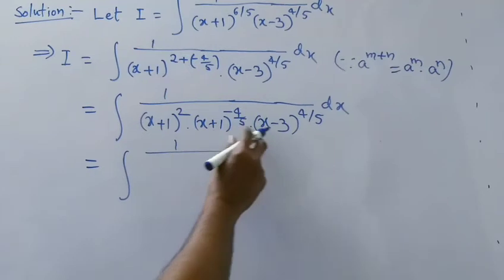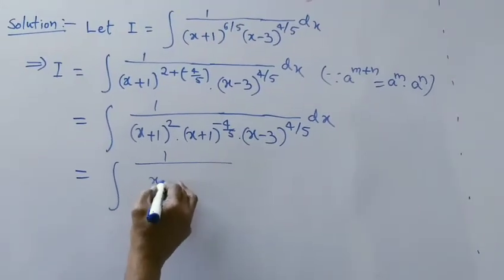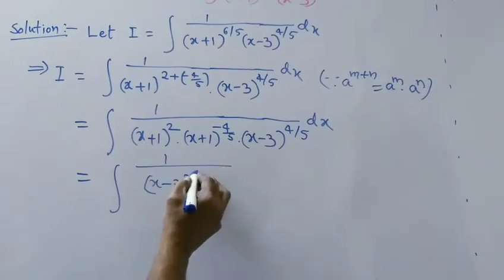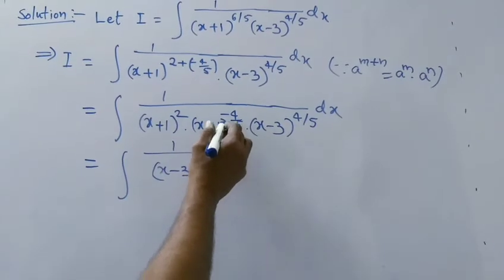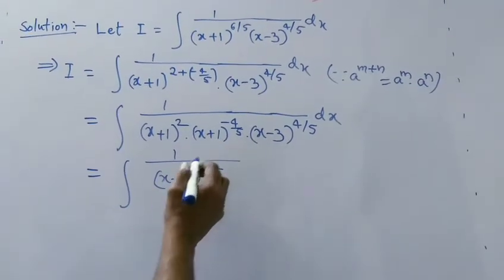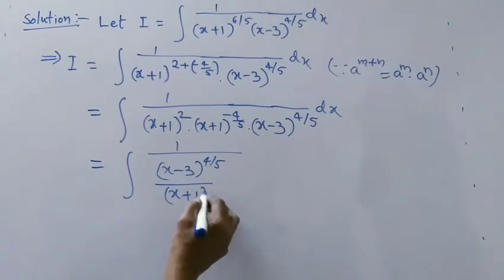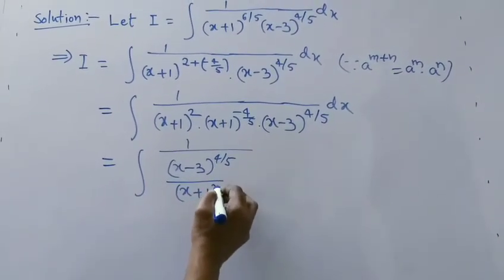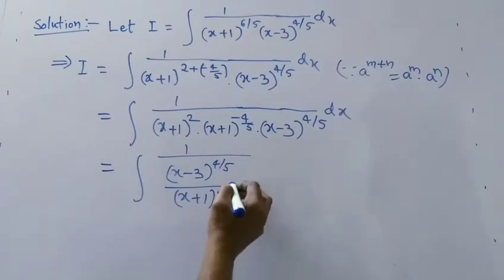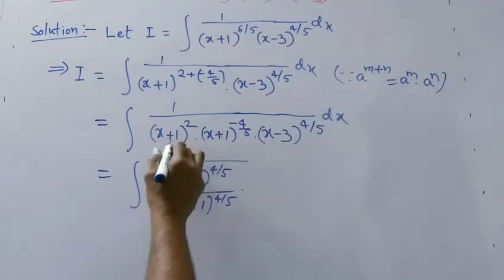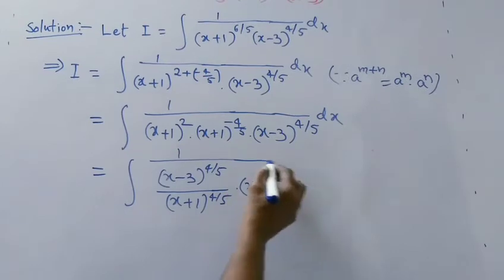We can write these two terms like this: x minus 3 whole to the power of 4 by 5 by x plus 1 whole to the power of 4 by 5. The remaining term is x plus 1 whole square dx.